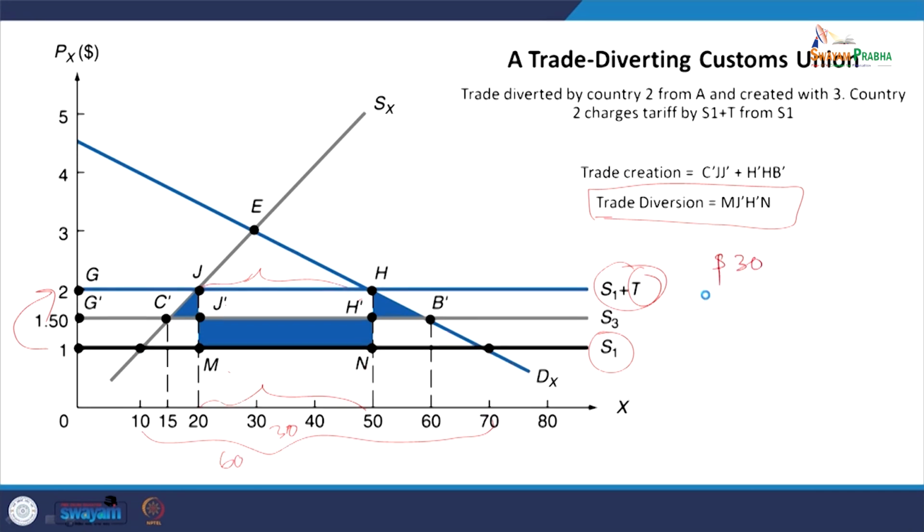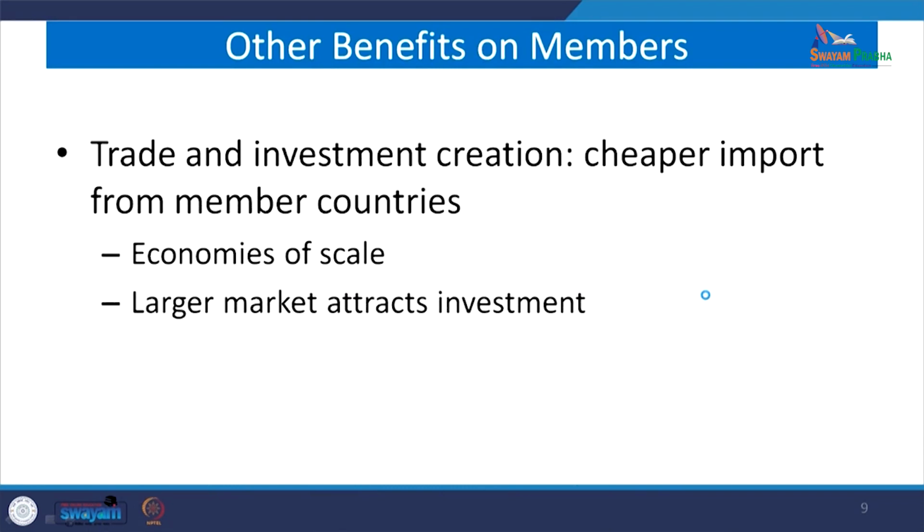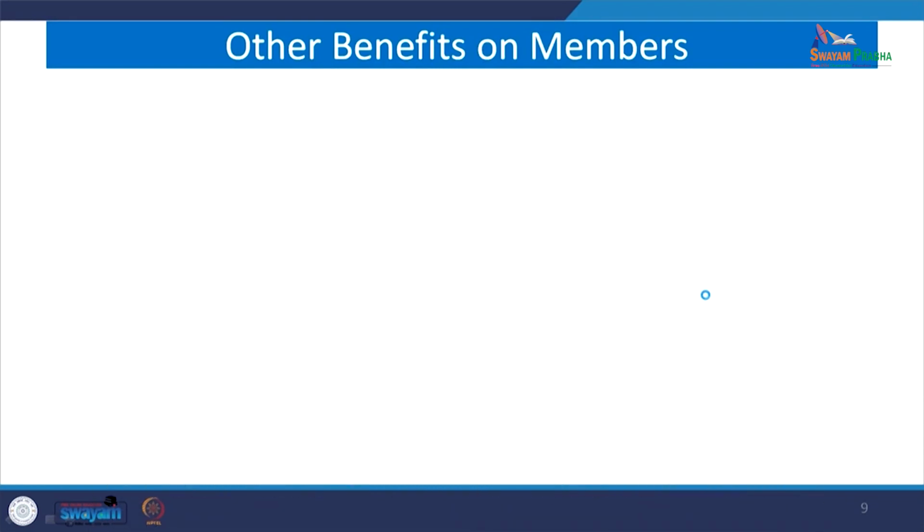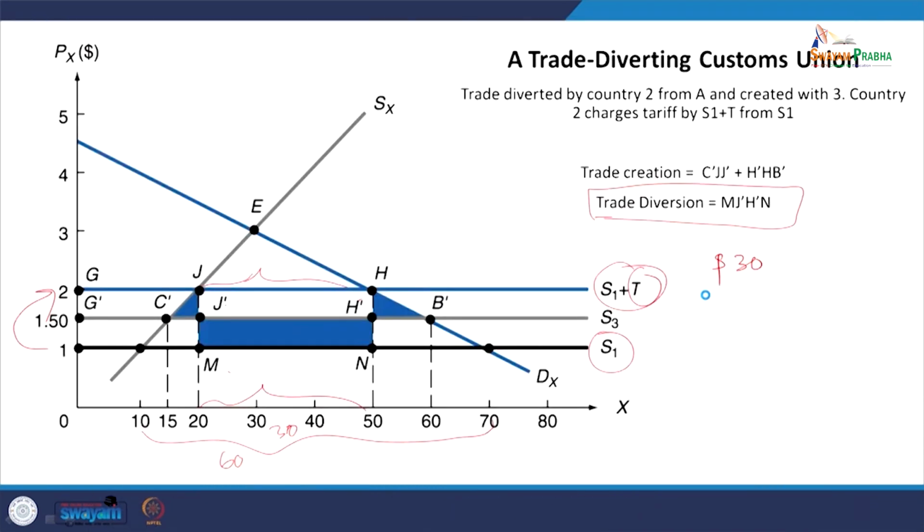The restriction we will probably explain in the next slide. No, it is not here, I will explain it correctly. So $30 is the trade diversion, and this much is the revenue earned by the member country, not member country, the country 1, by charging a higher tariff.